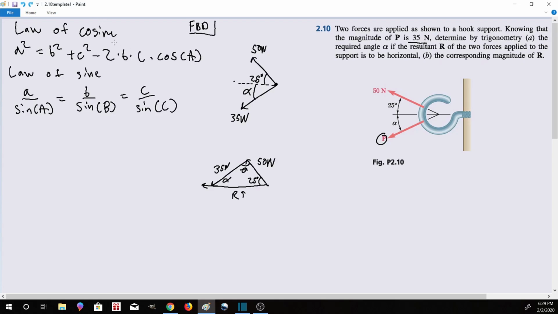So these are two very important trig laws that you are expected to remember in almost all statics classes. And so we're going to apply these laws to our little diagram here, our free body diagram, but we're just going to draw it bigger so we have a better understanding of what's going on here.